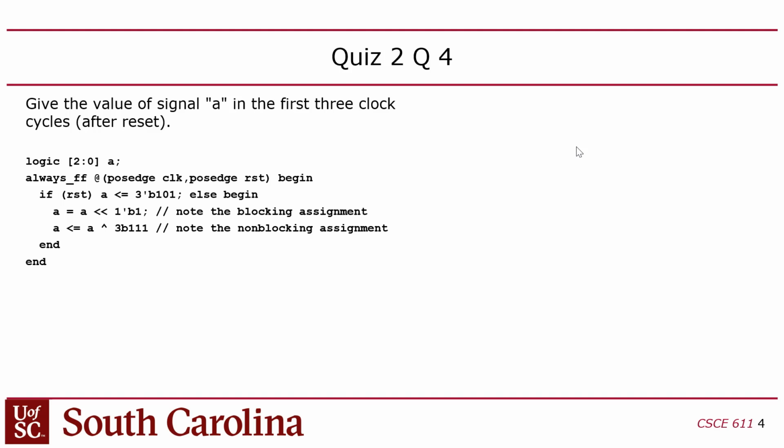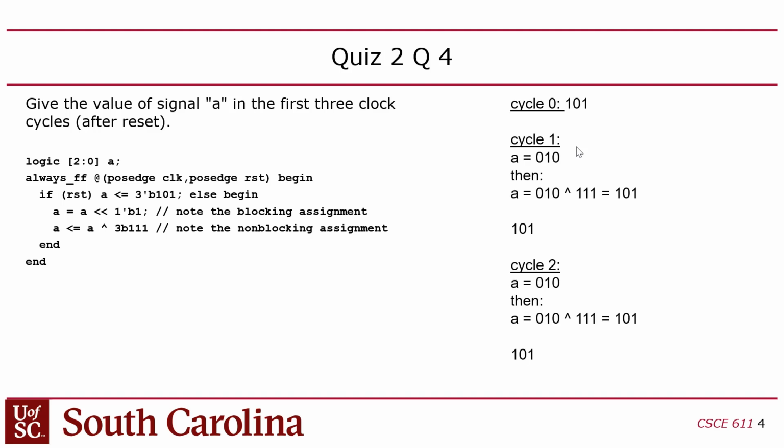Okay, so if you start out with 1, 0, 1, you shift 1 bit to the left, which will give you 0, 1, 0, and then you flip the bits, which gets you back to 1, 0, 1. So basically, this will always be 1, 0, 1. It'll just keep setting itself to 1, 0, 1 every cycle, right? Does that make sense?